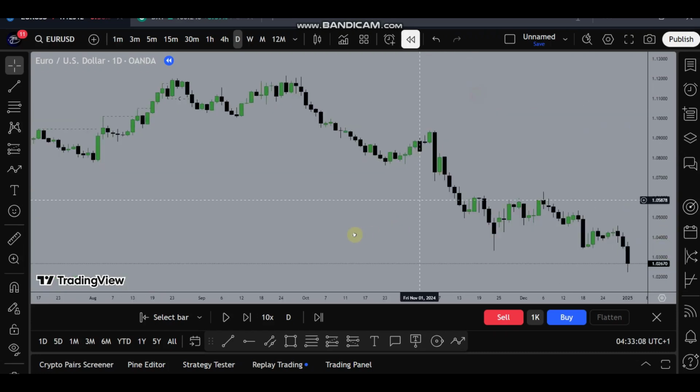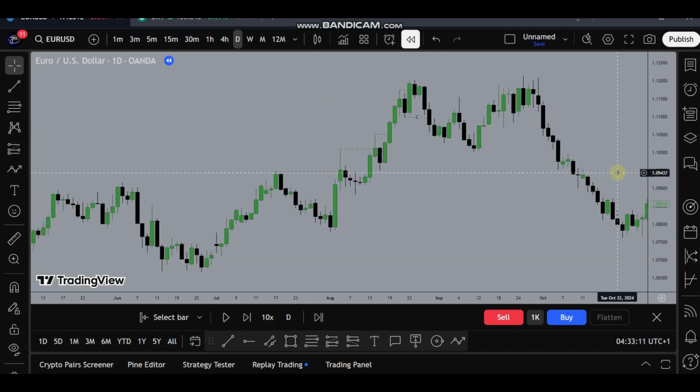So after price breaks structure here, changed character.